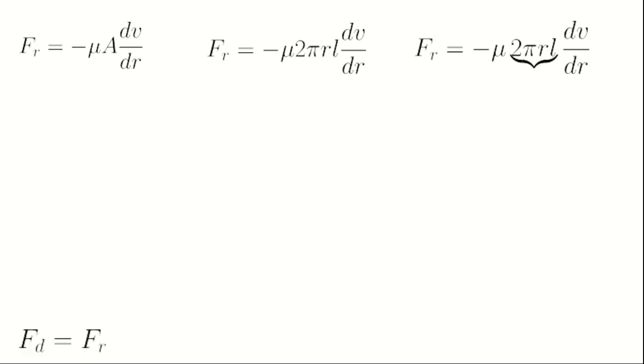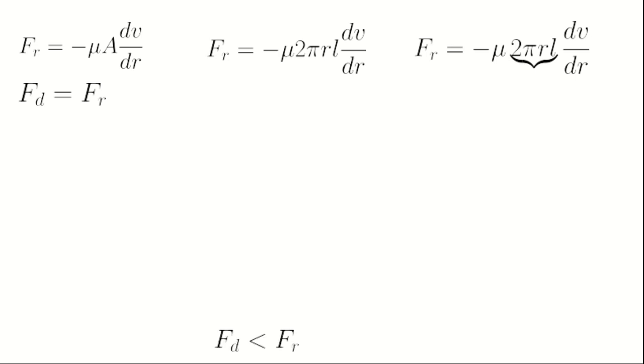Now we check the two forces, the drive force and the retarding force. If they are equal, it means that the fluid will move at a steady speed, or it will not move. So these are two scenarios: either the fluid is stationary, or the fluid is moving at a constant speed.